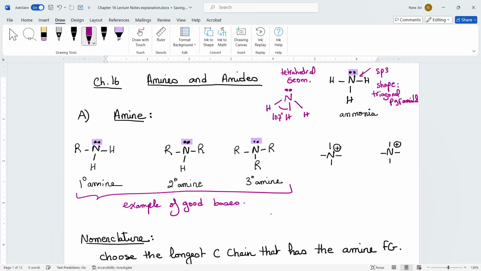When nitrogen has 4 groups around it or 4 bonds around it, no lone pairs, then in this case we're going to call it an ammonium ion. So if you have a nitrogen with 4 hydrogens around it, no lone pairs, that is called an ammonium ion.